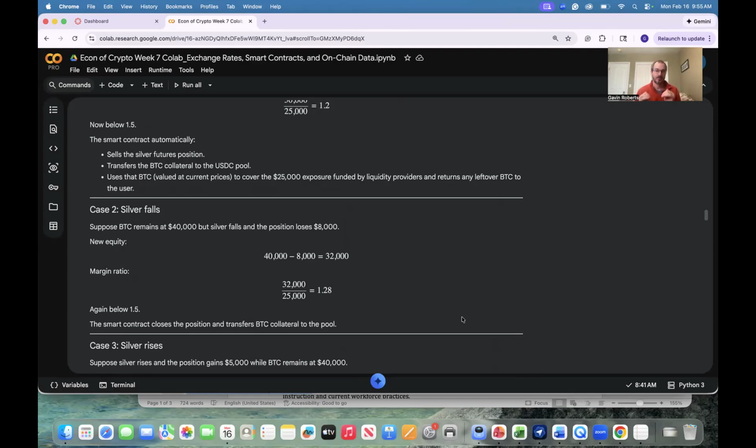The futures prices will fall. The creditor will say, you need to sell some of this so you can pay me back. Well, if that happens to a lot of people at the same time, prices fall further. Creditors come back and say, hey, you need to sell even more because prices fell further. And then that can lead to a snowballing effect of falling prices.